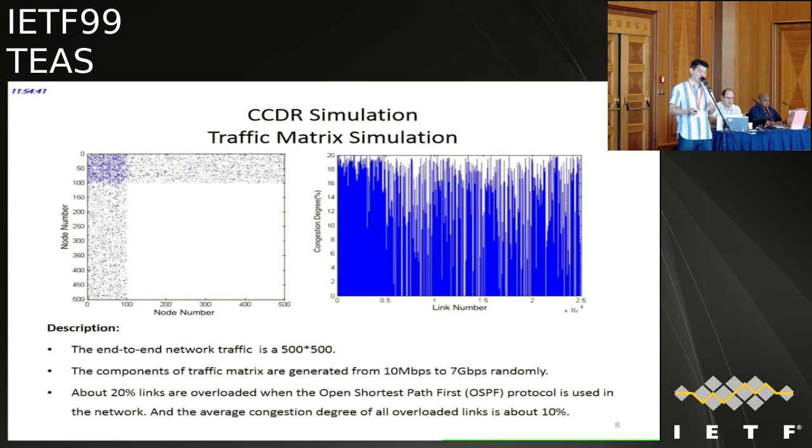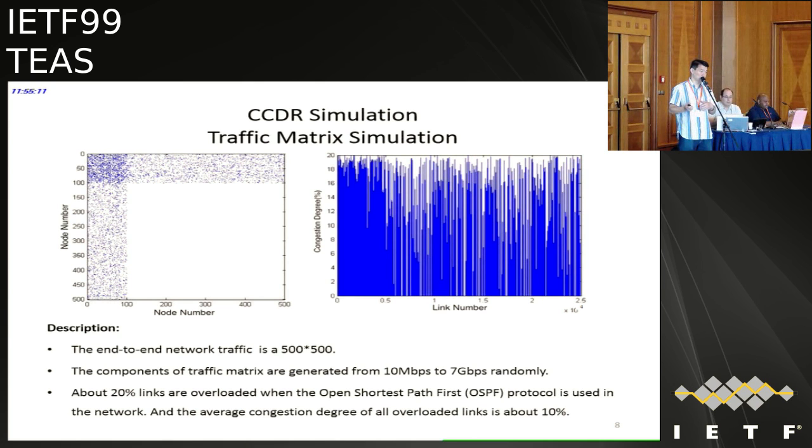And here is the background traffic. We built a traffic matrix of 500 by 500, and the traffic between two nodes is set from 10 megabit per second to 7 gigabit per second randomly.